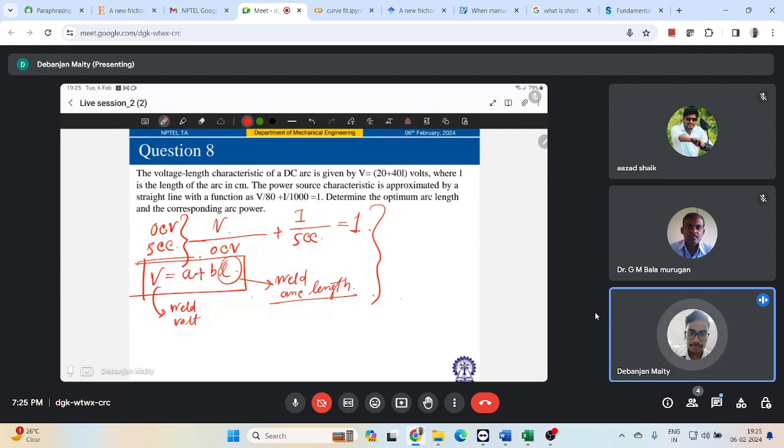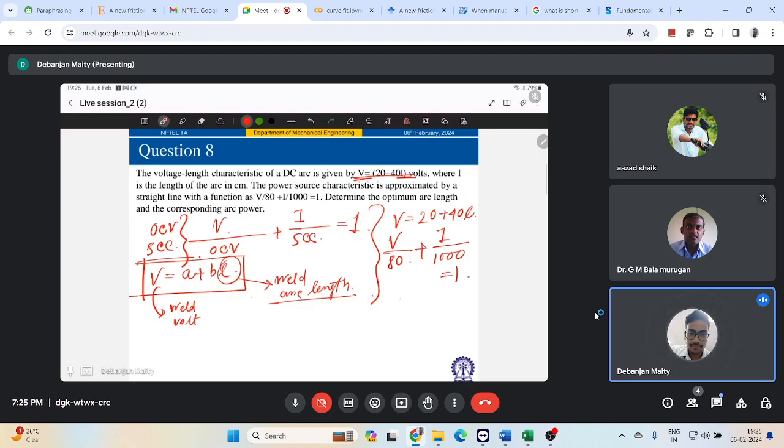Now here it says that the voltage-length characteristic of a DC arc is given by V is equal to 20 plus 40 into L, where L is the length of the arc in centimeters. Then it says that the power source characteristic is approximated by a straight line, V by 80 plus I by 1000 equals 1, so V by OCV plus I by short circuit current equals 1.